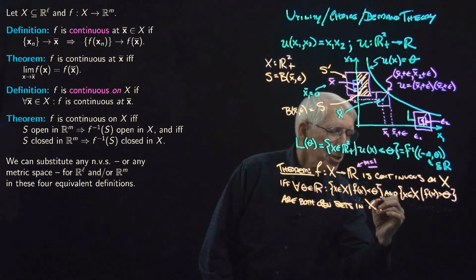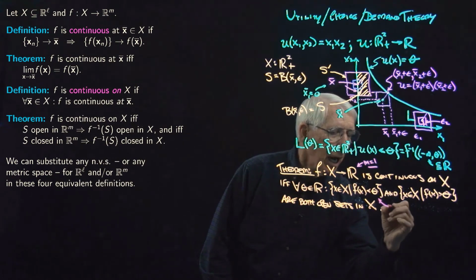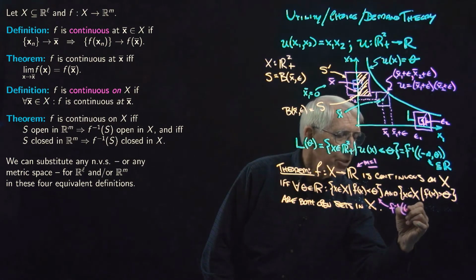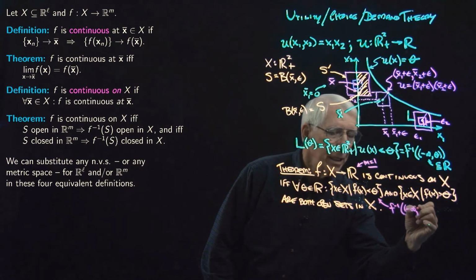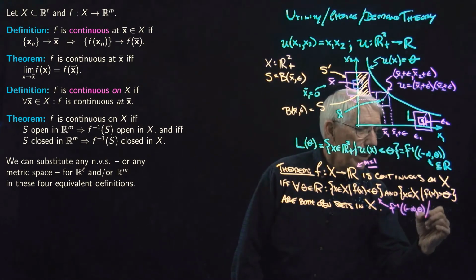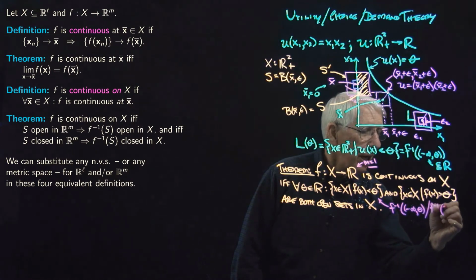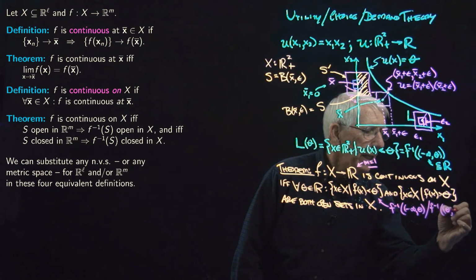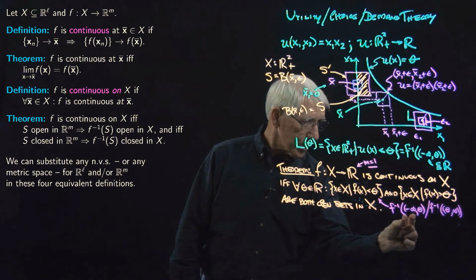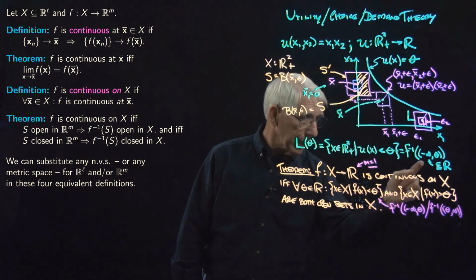Let's note that this is just f inverse, or the pre-image of minus infinity to theta, and this is the pre-image of the interval from theta to infinity. So now you can see that indeed this is exactly what I wrote up here.